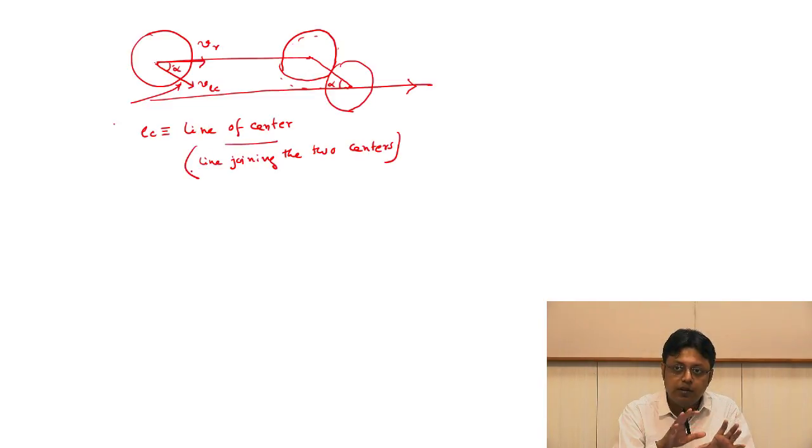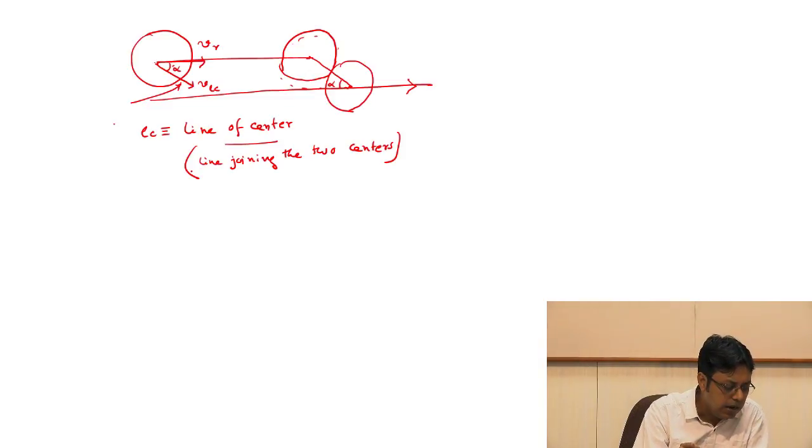So we're writing in terms of velocity, but we can easily convert it to energy. We can ask, what will be the energy transferred along this line of center? That will be half mv square, but instead of m we have to write mu because it's a reduced mass system. Only one particle is moving, the other one is static.